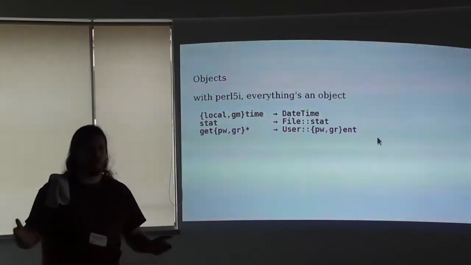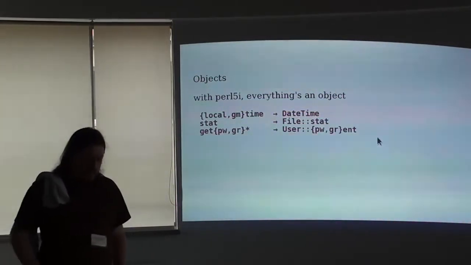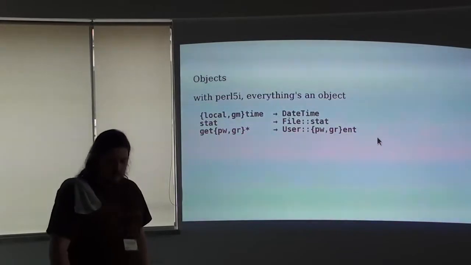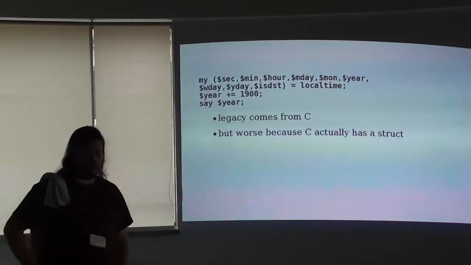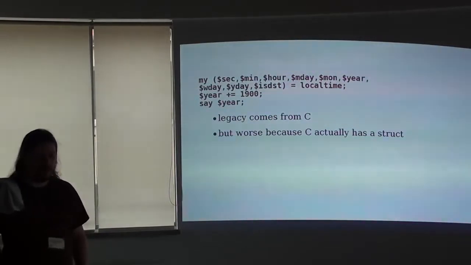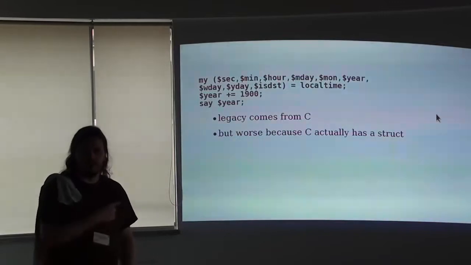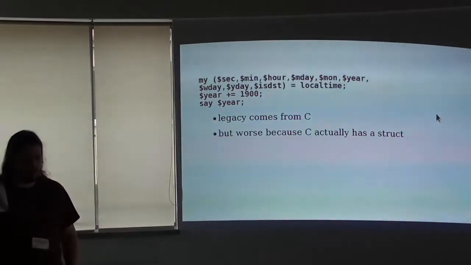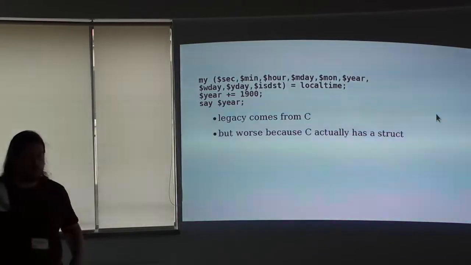So Perl5i is also bringing them up, and as I said before, when you enable this one line, you get all of that. And yeah, I had the example with the date handling. This is the legacy C interface, which does the date handling like that. And Perl passes it just through.